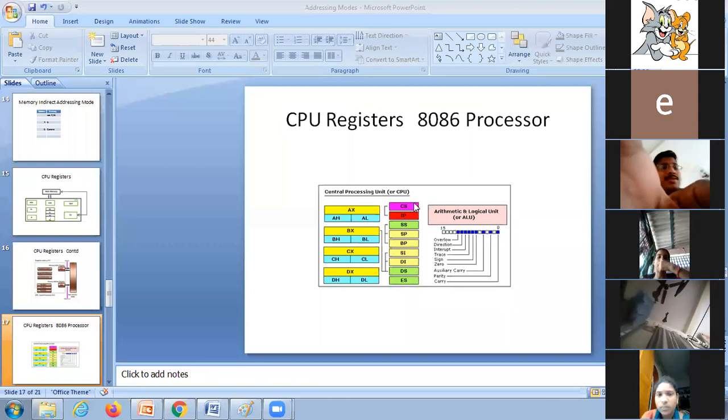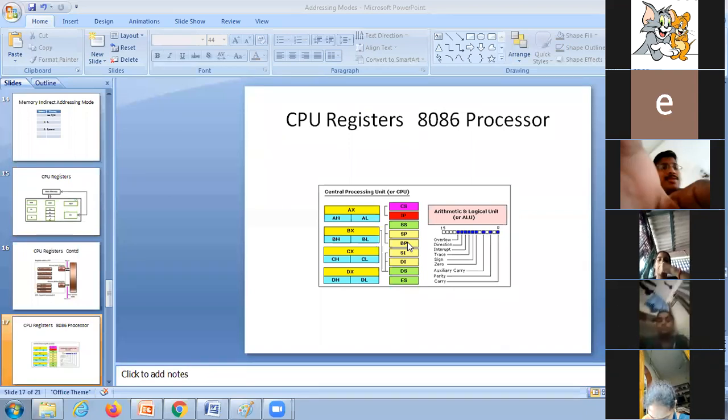In addition to these four base registers, the code segment, stack segment, data segment and extra segment base registers, there are some more registers here. SP is already explained. SP means stack pointer. Then BP. BP is base pointer, which is used for indexing in the index addressing mode.